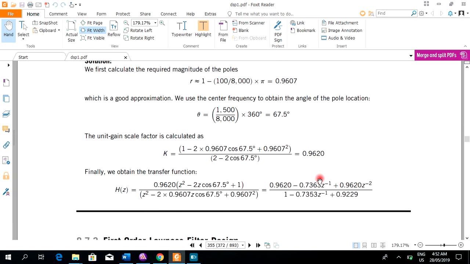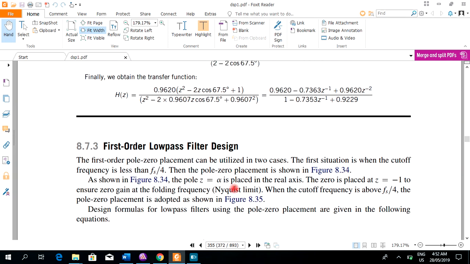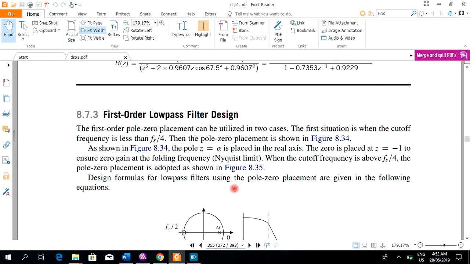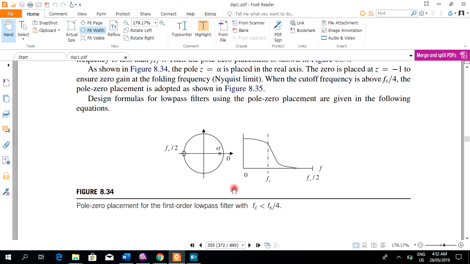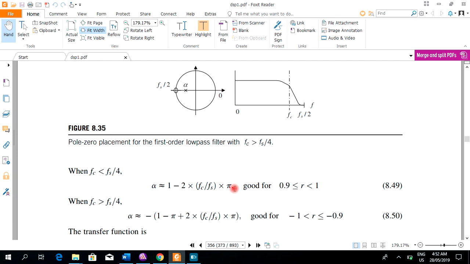Only the difference will be in K and the transfer function. We can design a first order low pass filter using the pole zero placement method. In this case, first we have to calculate alpha. There are two cases.